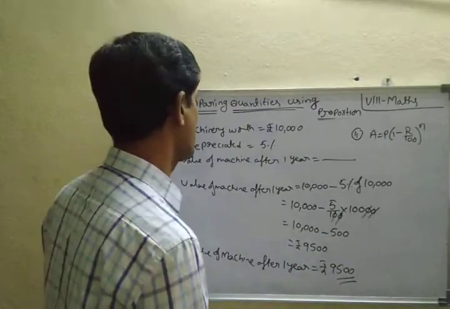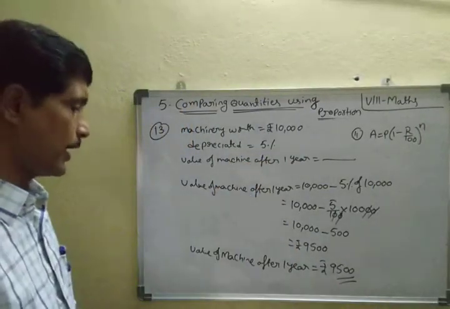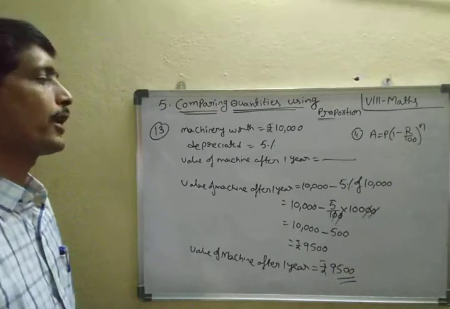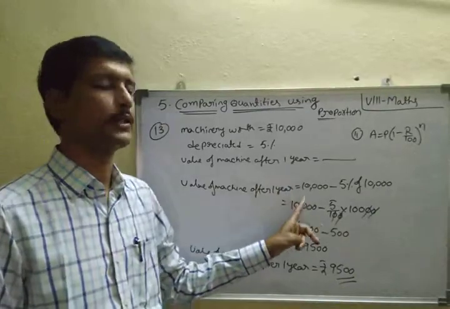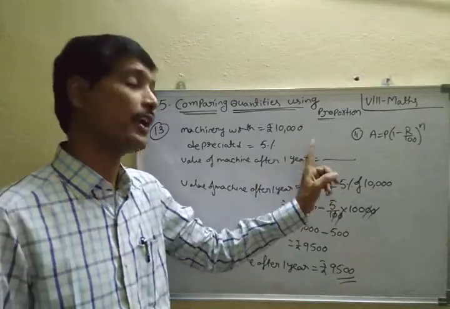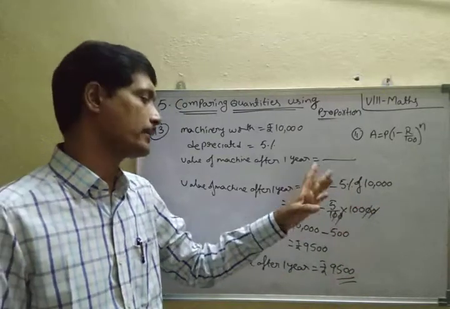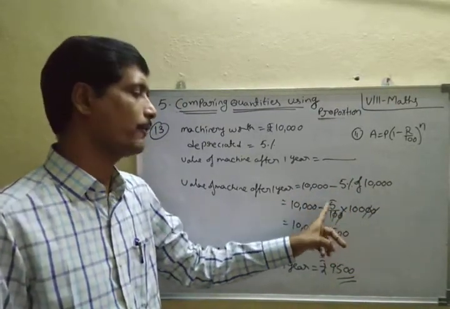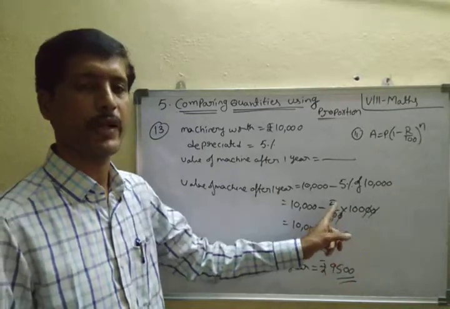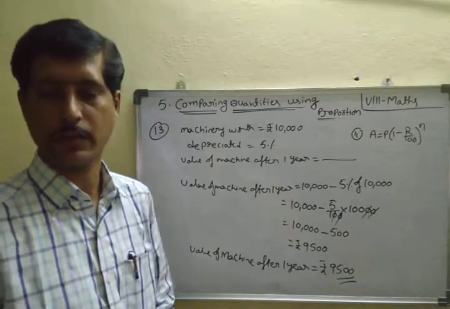Any method is your choice. Machinery worth 10,000 rupees, depreciated 5%, value of machine after 1 year equals 10,000 minus 5% of 10,000, that is 10,000 minus 5 by 100 into 10,000. Simplify, you get 5 into 100, that is 500. 10,000 minus 500, you get 9,500 only. Okay.